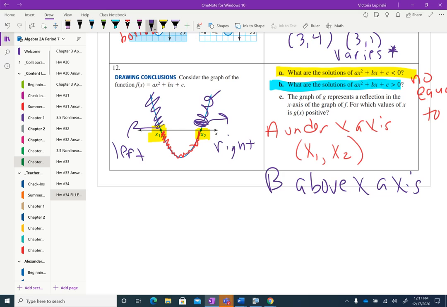Because remember, you're giving x's. So how do you say to the left of x1? You say negative infinity to x1. Then the union symbol, and then from x2 to infinity. Remember, your answers are x's. So in part A, it's from x1 to x2. And then in part B, it's from the smallest possible x to x1, and then from x2 to the largest possible x.